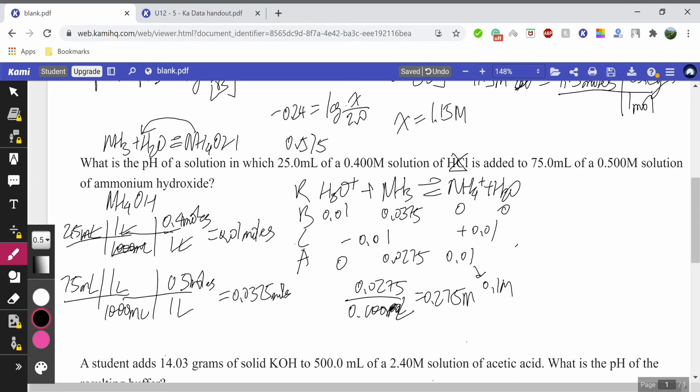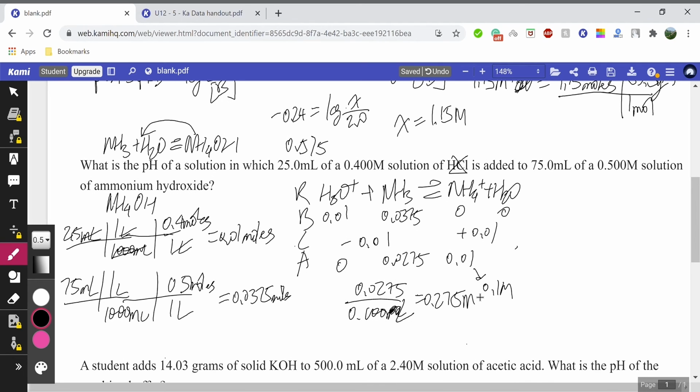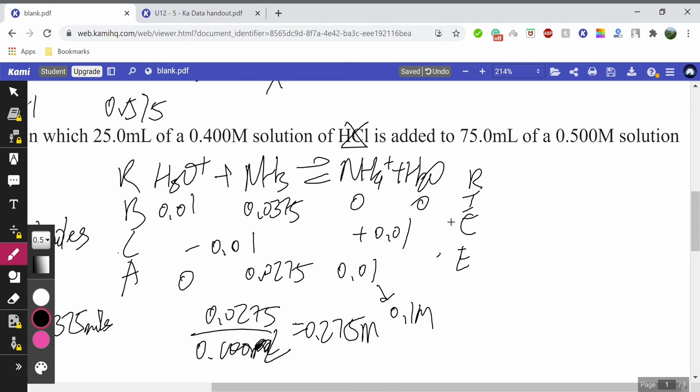Okay, now we can pull up a RICE chart. Now our new reaction here, since we already used up all the H3O plus, to find pH we can just use the normal reaction. NH3 plus H2O this time will form NH4 plus and OH minus. NH3 we're going to use the previous molar concentration, which is 0.275, and water we're not going to care.